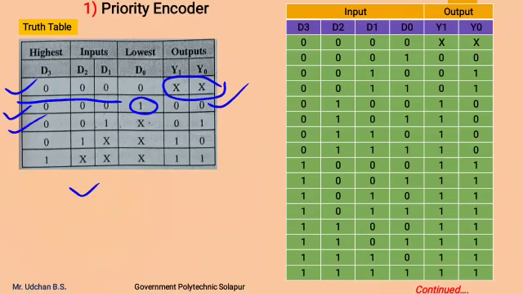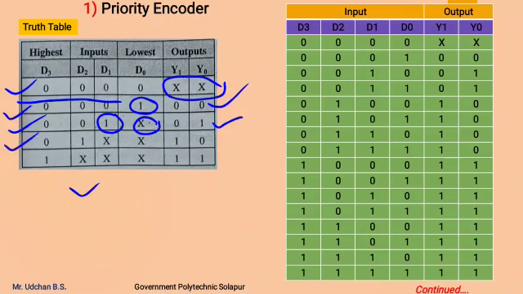In the third case, D1 is 1, D3 and D2 are 0 0. Irrespective of the status of D0, we get output 0 1, as between D1 and D0, D1 has the higher priority.